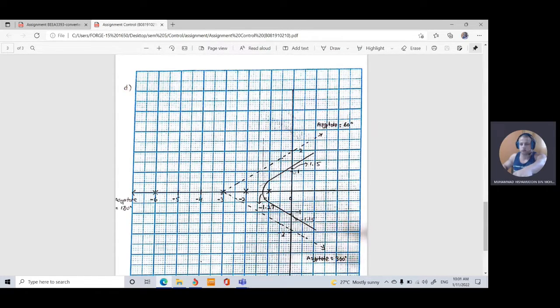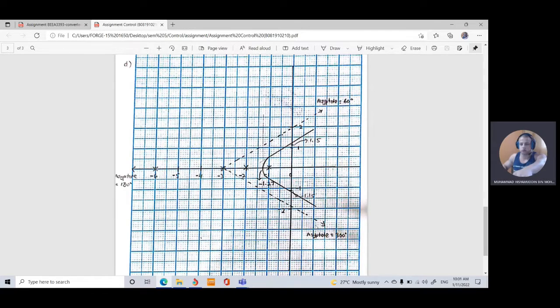So we plot here 1.15 and -1.15 here, and then we draw the root locus from this point, from point 1.15, and then go through the intersect at the real axis, which is the -1.27, and then continue it to -1.15. Alright, that's all from me.